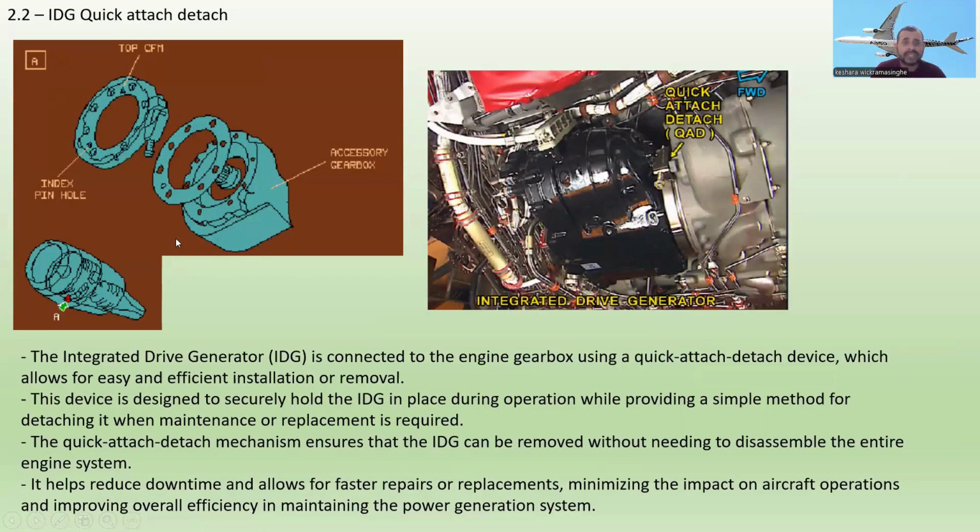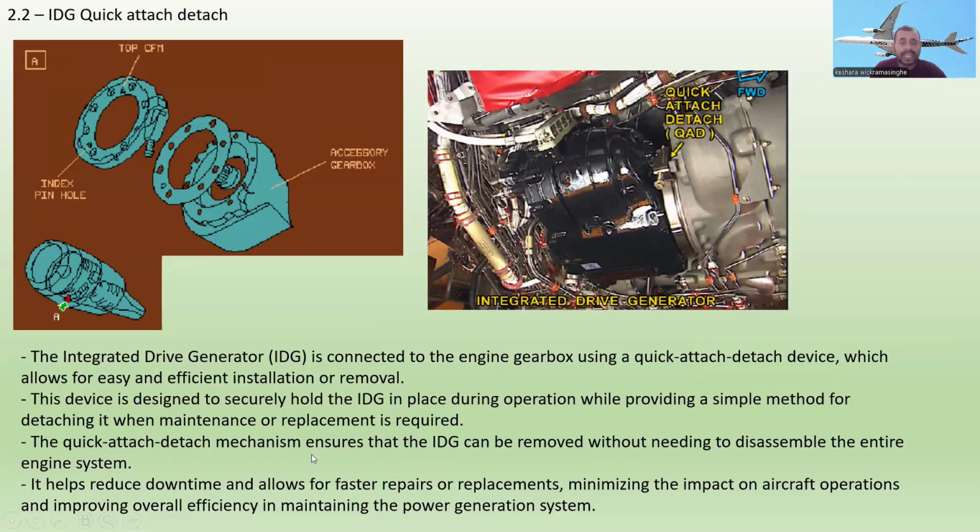The integrated drive generator is connected to the engine gearbox using a quick attach detach device, which allows for easy and efficient installation and removal. This device is designed to hold the IDG in place during operation while providing a simple method for detaching it when maintenance or replacement is required.